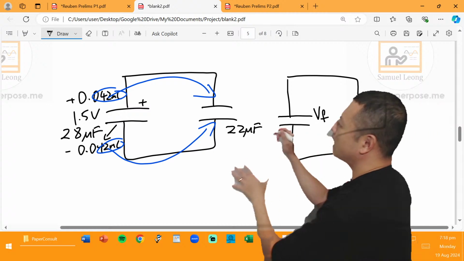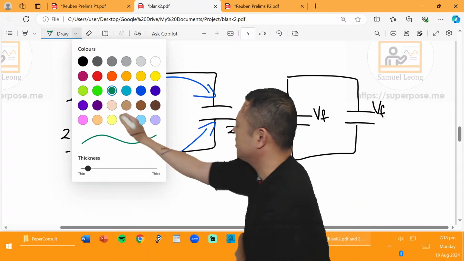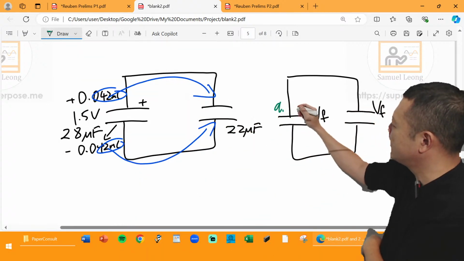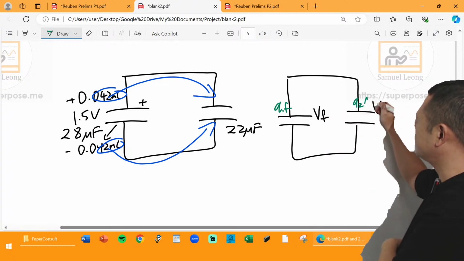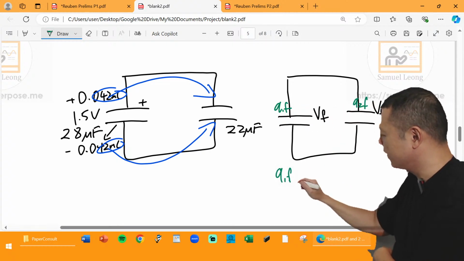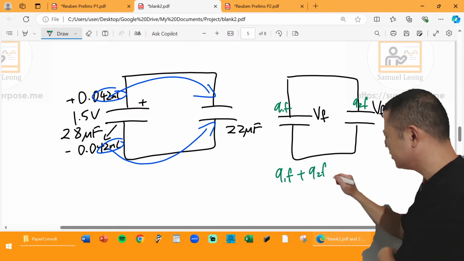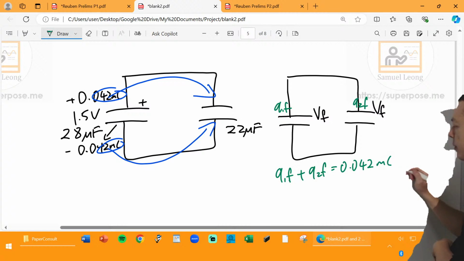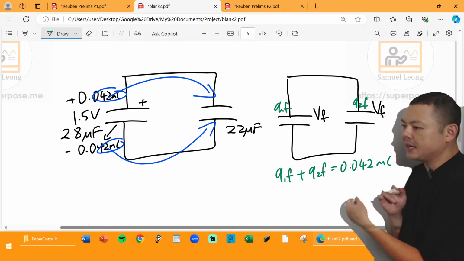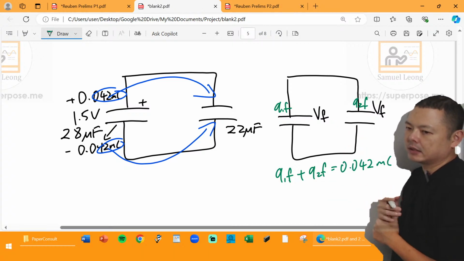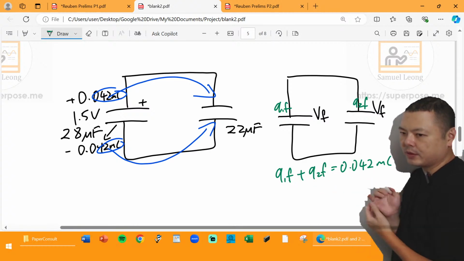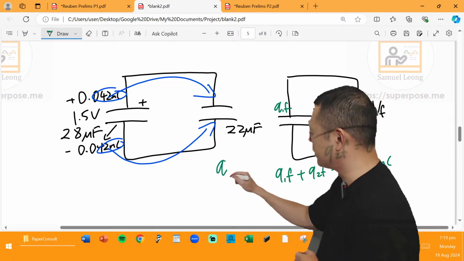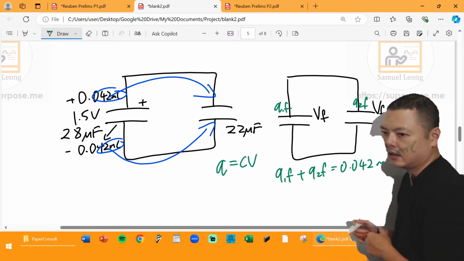Okay. So what we're going to do is call this Q1 final and this Q2 final. Q1 final plus Q2 final equals 0.042 millicoulombs. Be it the top plate or the bottom plate, doesn't matter. This one is the combination of both. But we also know that Q equals CV, right?